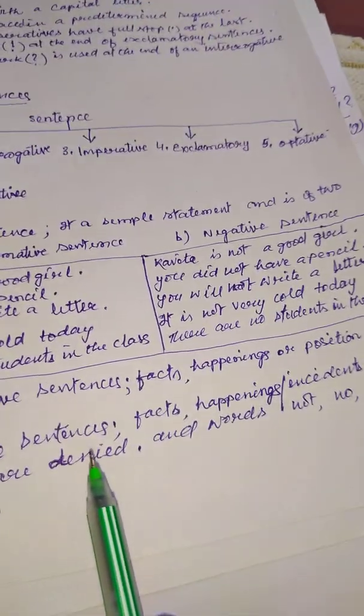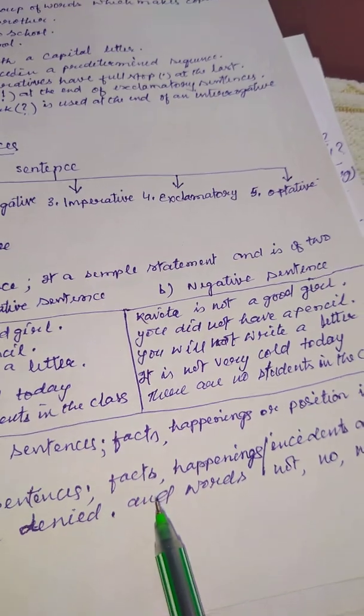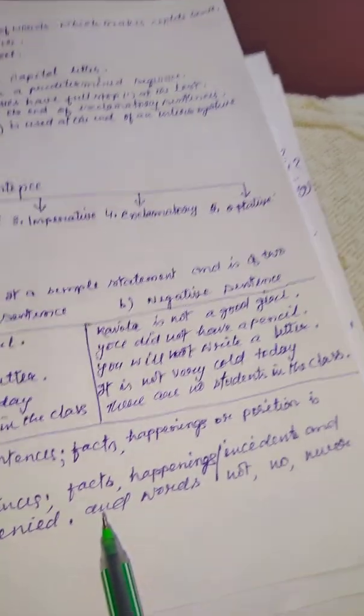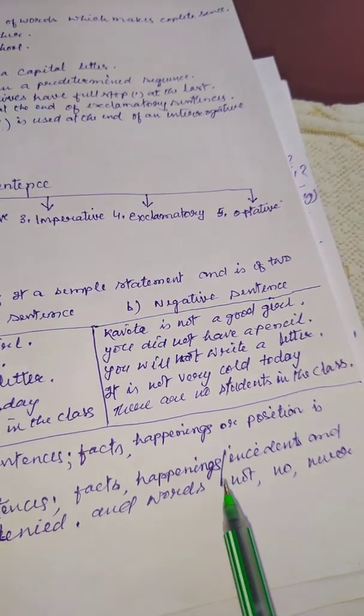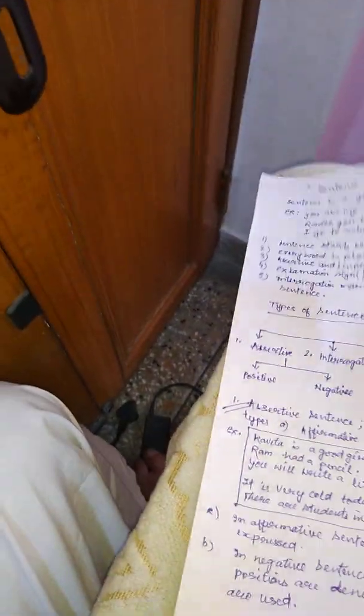Means we are refusing, we are not accepting the statements, whatever anybody has said. We will be saying no, not, or neither. And the words not, no, neither, and never are used. This was all about the assertive sentence.